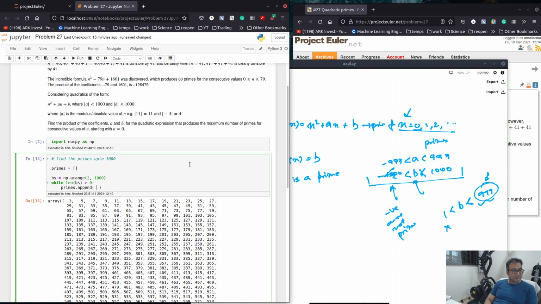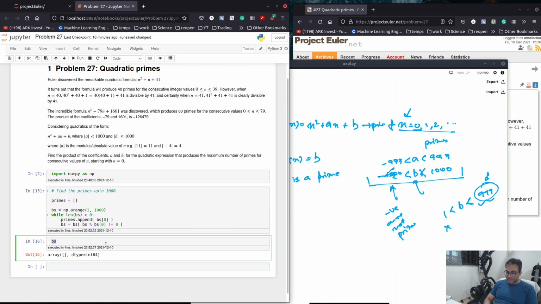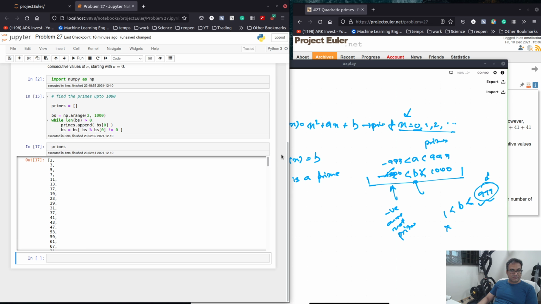Append bs[0] to primes, and then I will update bs equals bs where bs percentage bs[0] is not equal to 0. If we look at bs now, it's an empty array, but primes is a list of primes. So these are all supposed to be primes: 2, 3, 5, 7, 11, 13, okay.